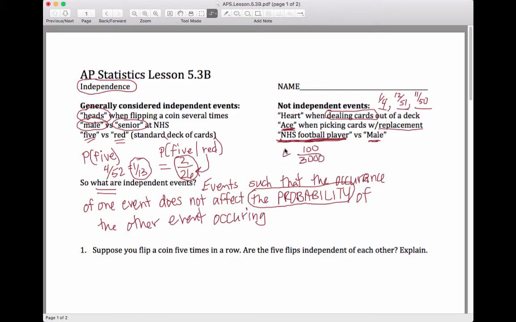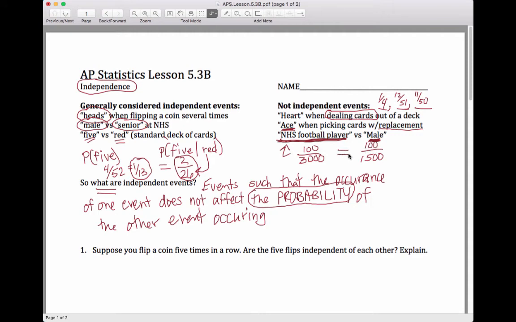Let's say that's the probability that you would pick a football player out of our student body, 100 out of 3,000. But what if you already knew they were male? Now what's the probability? Well, if about half of our student body are males, then that's probably going to be out of 1,500. And out of the 1,500, you would still have 100 football players.